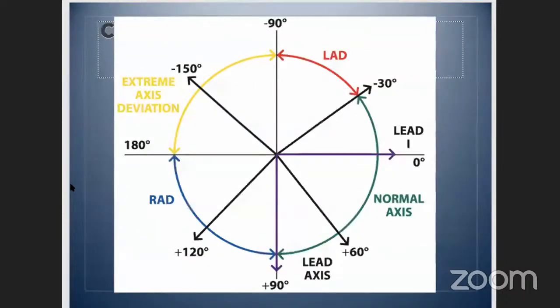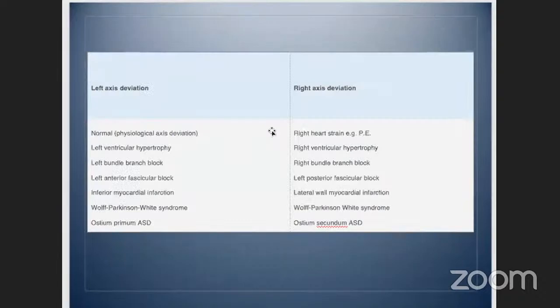Alrighty, so there are different ways to calculate specific numbers with regard to the axis, but for all intents and purposes we'll use the thumb rule and stick with that at the moment. The utility of knowing what a normal ECG looks like is that we do 1,000 of them and we determine what is normal. So we know the normal rate, rhythm and axis, and what normal waves and intervals look like.